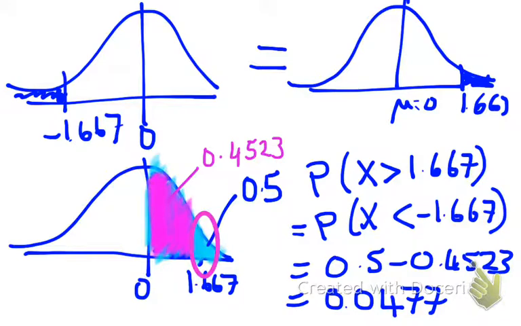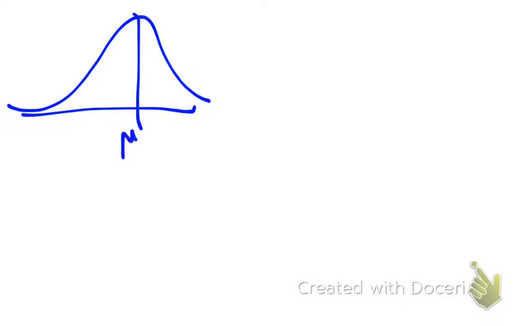Now we need to find the other tail. Our other tail refers to our mean of 0, and had a standard z value of 1, and we were trying to find the tail above that point. So equally, we know the whole area above the mean is a value of 0.5, and so we want to look up the table, and when we look up the table, we're going to find this area that I'm just shading in now. So that's what the table will do, is tell us how big that space is.